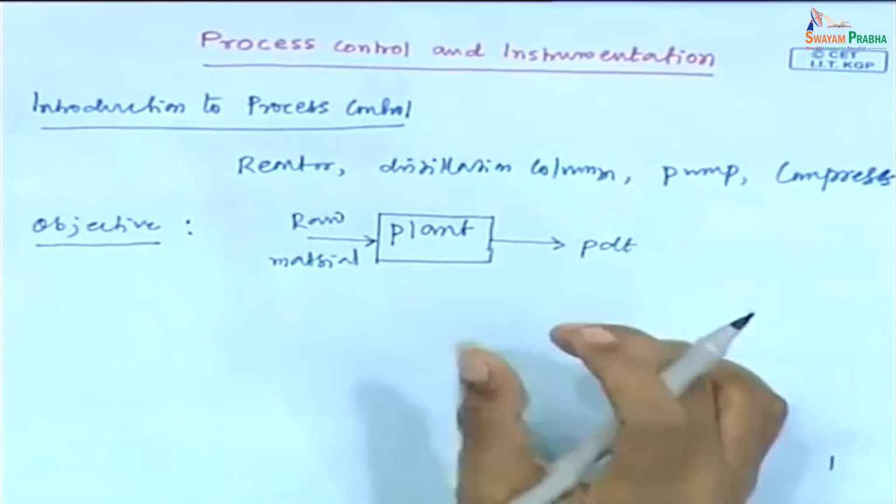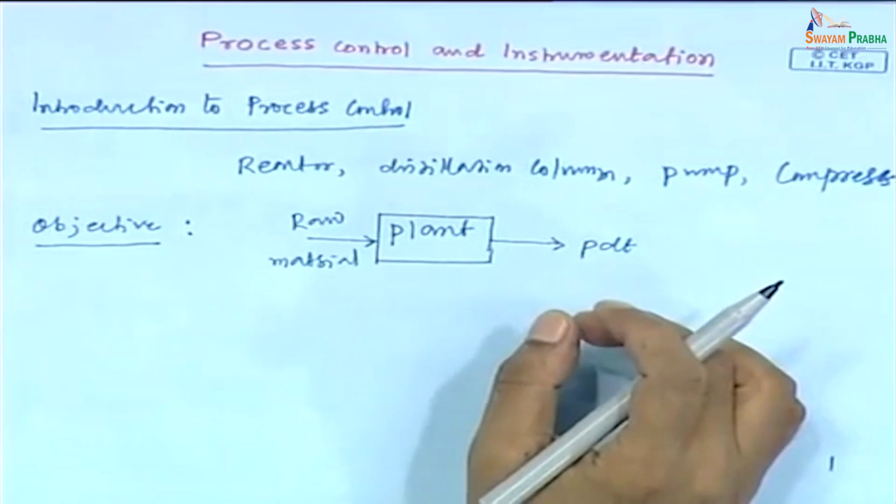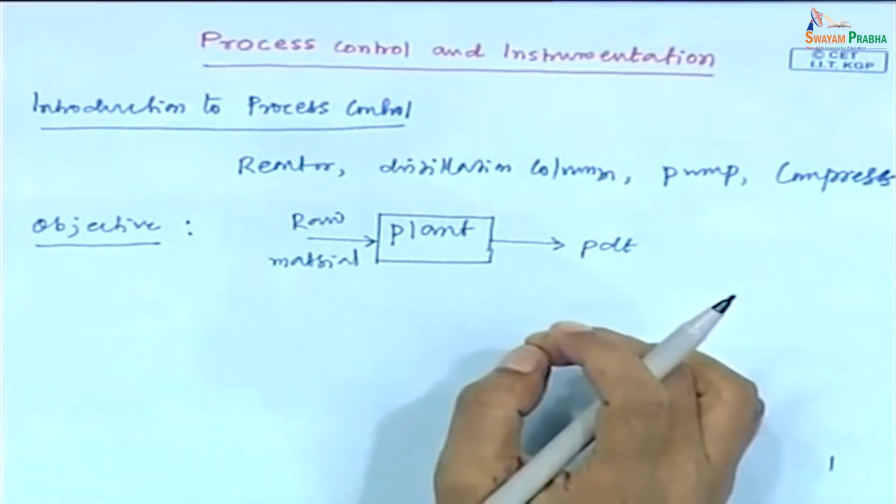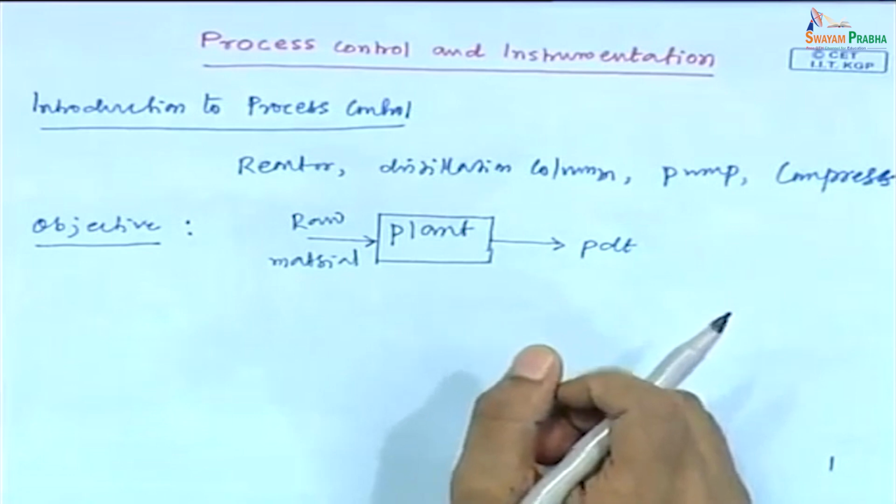So, basically the plant receives raw material using different available sources of energy. The plant produces products in the most economical way. This is the objective of a plant.